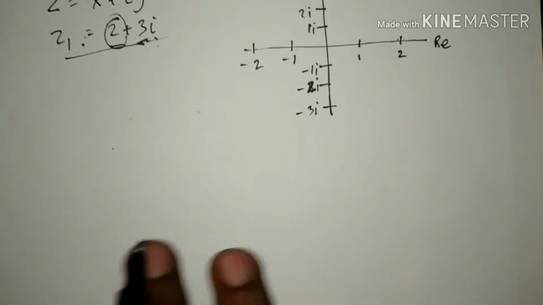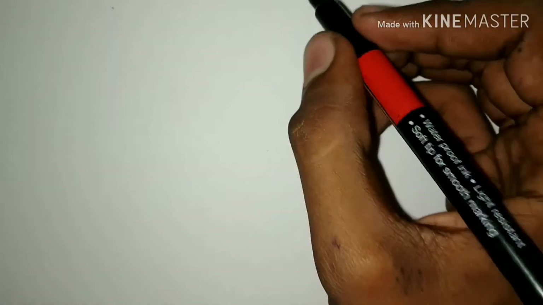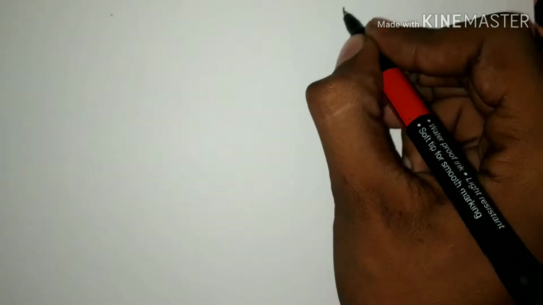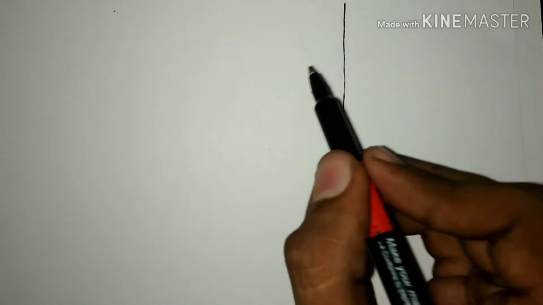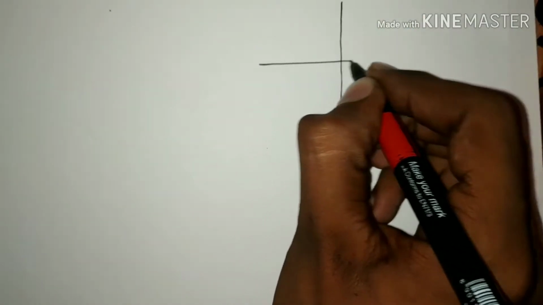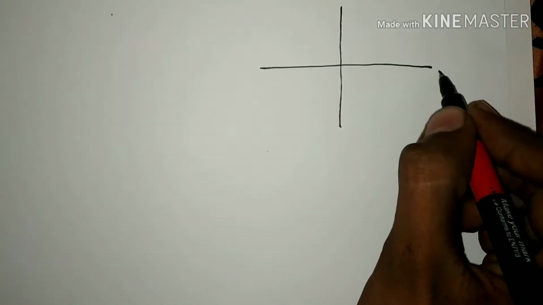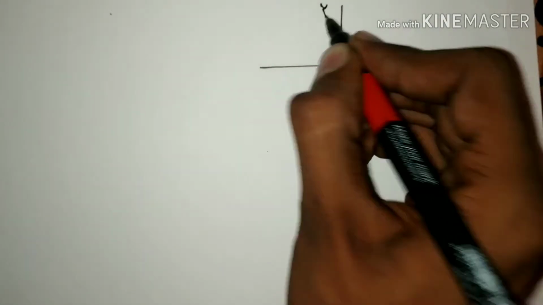Now we are going to understand another concept called the polar coordinate system. We measure the coordinates of a point by a rectangular Cartesian coordinate system, where we use two axes, x and y.